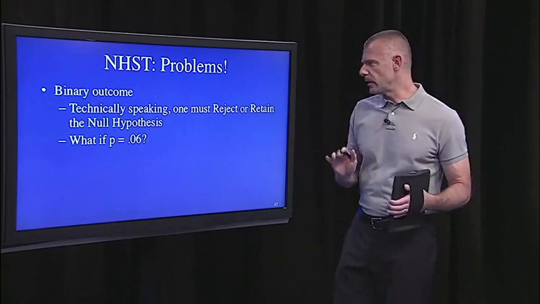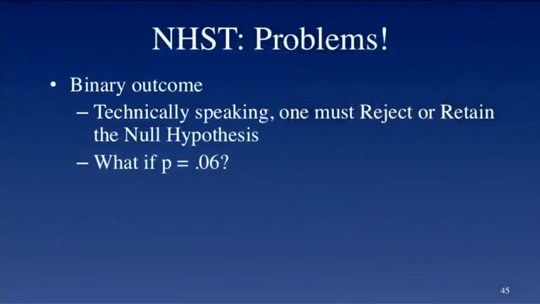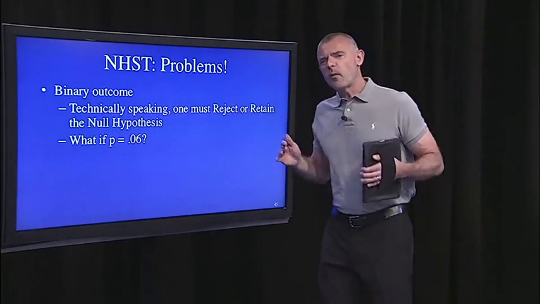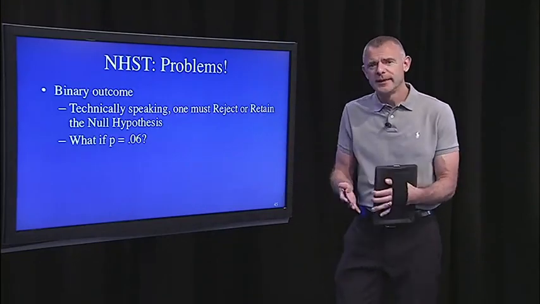The second problem I mentioned is the idea of a binary outcome. Technically speaking, if you're playing this game, null hypothesis significance testing, by the rules, you have to reject or retain. There's no middle ground. But what if your p-value is 0.06 and you said alpha is 0.05? You're so close.